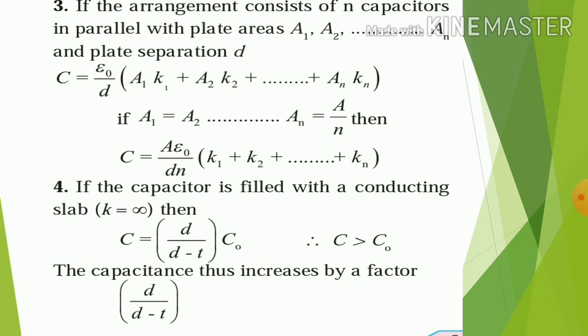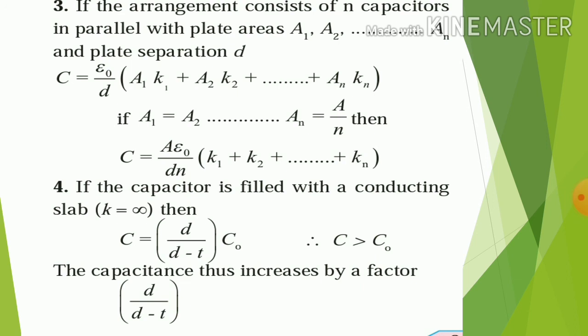Since C is greater than C0, the capacitance thus increases by the factor d upon d minus t.